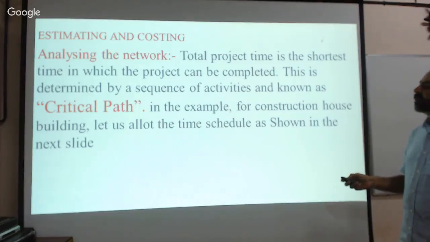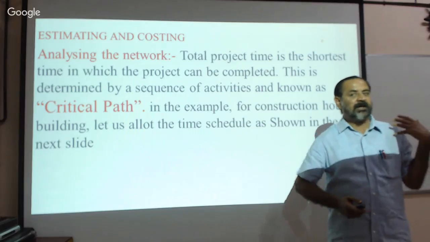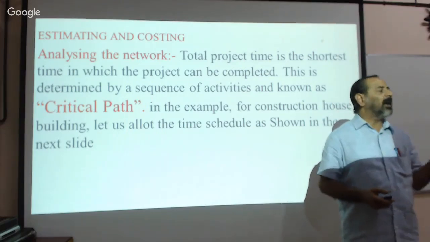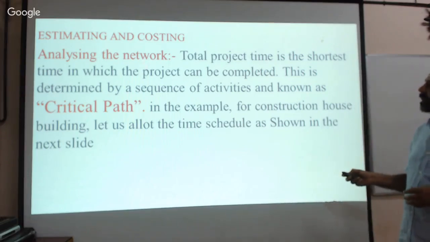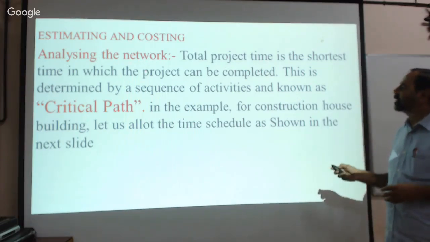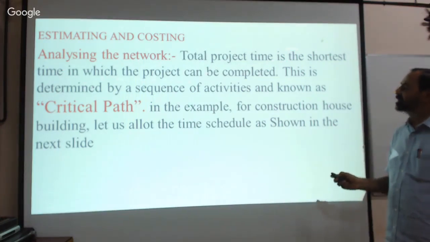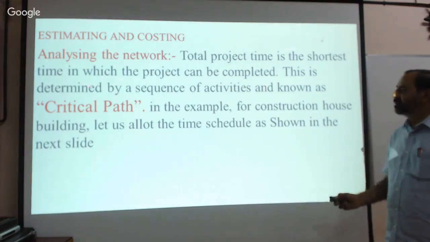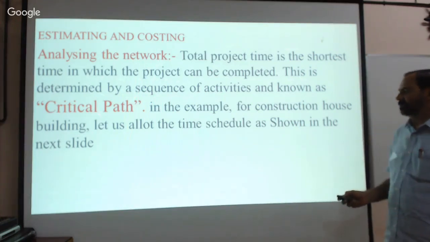We have seen the network, one network prepared by the engineer. The total project time is the shortest time in which the project can be completed. This is determined by the sequence of activities and is known as the critical path, isn't it?